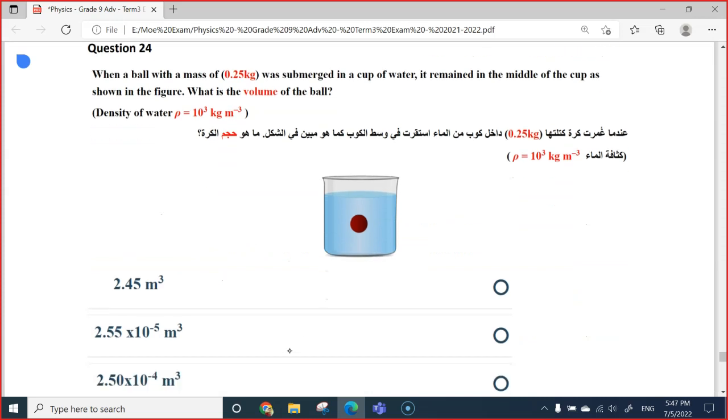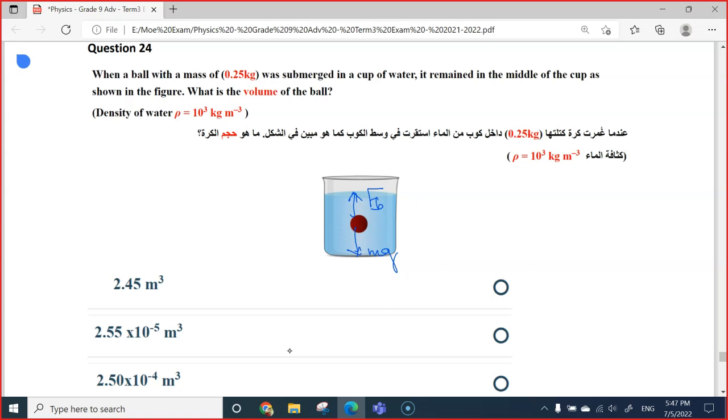Question number 24. A ball with a mass of 0.25 kilogram was submerged in a cup of water, and it remained in the middle of the cup. It remained in the middle of the cup, which means the downward force, that is its weight, is equal to its upthrust, the buoyant force.